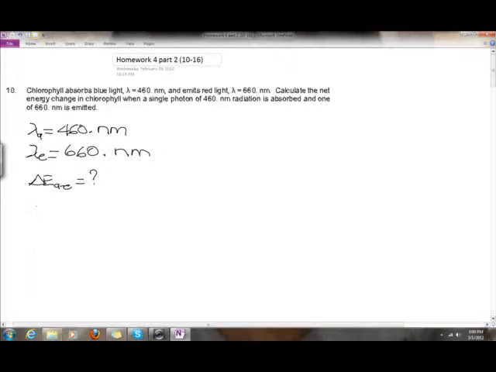when a single photon of 460 nanometer radiation is absorbed and one of 660 nanometer is emitted.